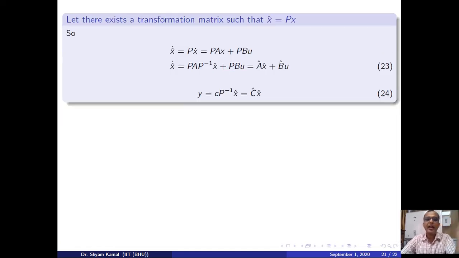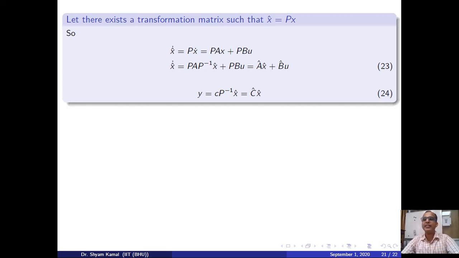So there you can see that I have introduced one transformation of the state, because the state space representation is not unique. So what I am telling is that there exists some P matrix, with certain properties, such that I am going to define another state space representation. But all state representations are somehow correlated.